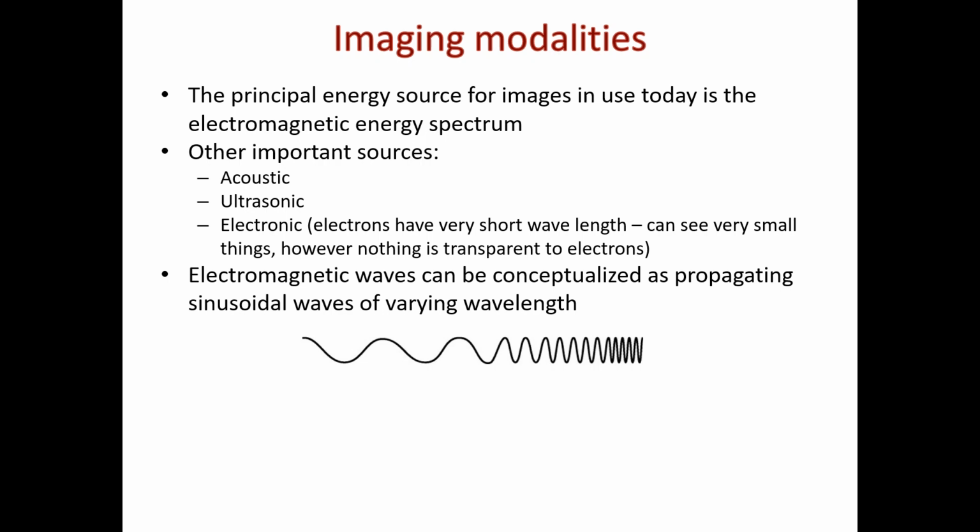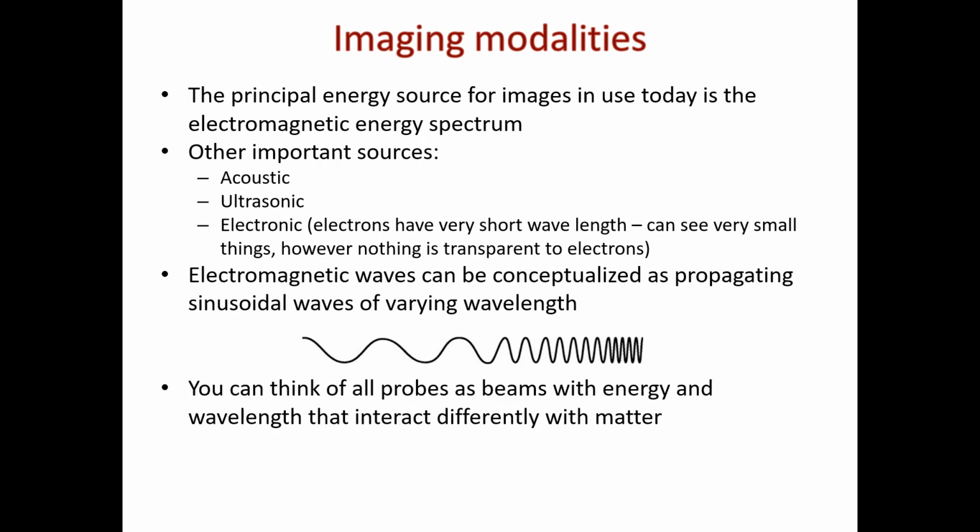However, electrons have a pretty short wavelength and they can see small things, but nothing is transparent to them. Electromagnetic waves can be conceptualized as sinusoidal waves, and that sinusoidal wave has a certain wavelength, and then the period repeats. All of these probes are some sort of beams, and they have energy and a wavelength of interaction.